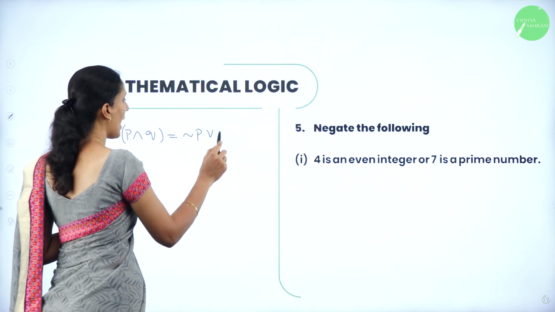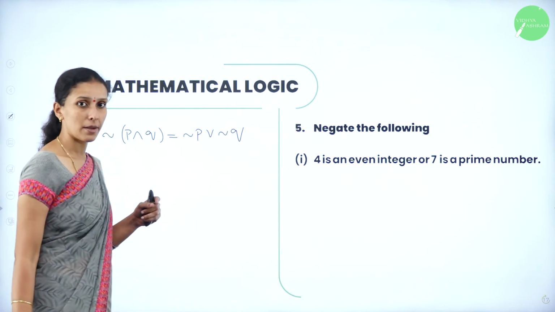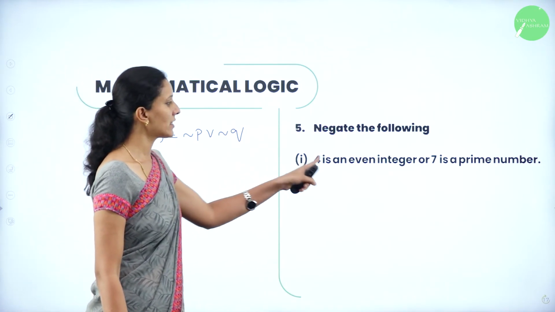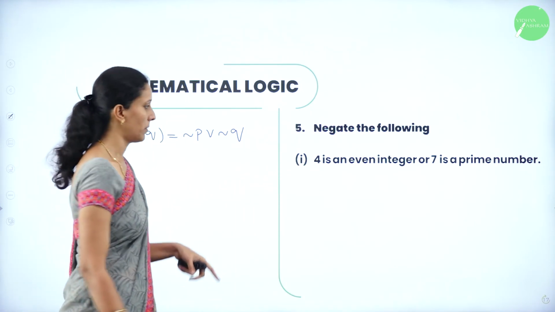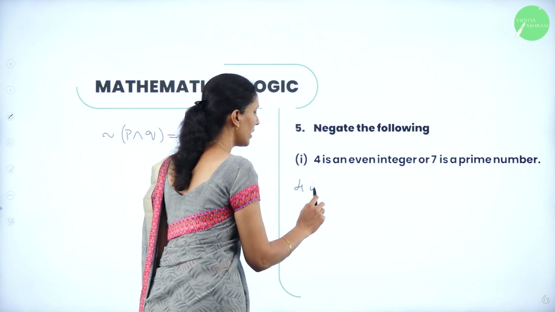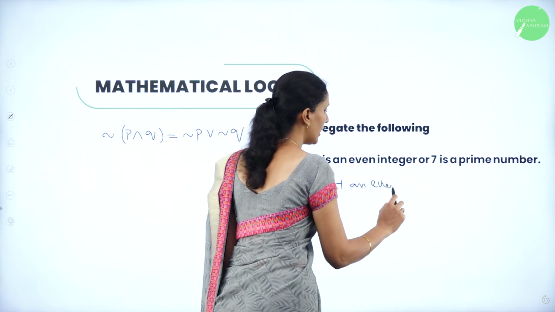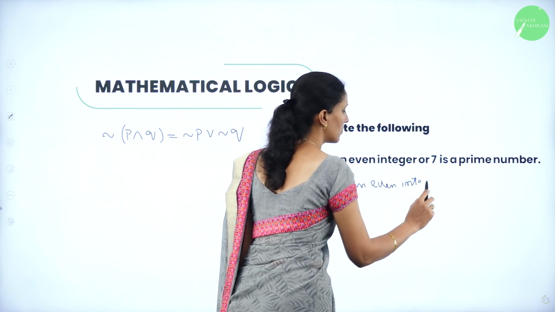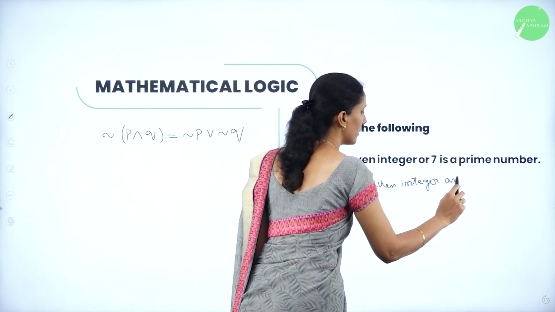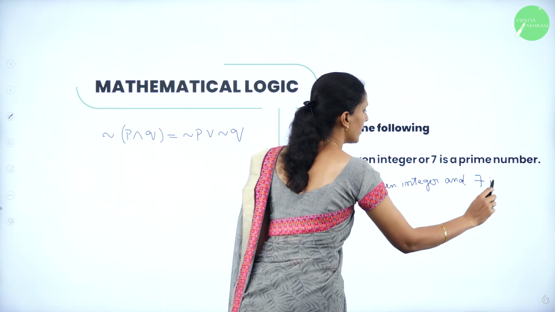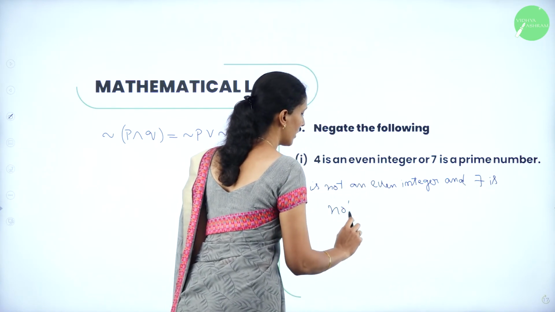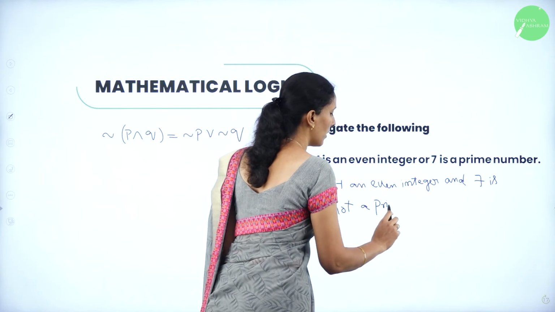Negation of P and negation of Q using De Morgan's law. So therefore, 4 is an even integer or 7 is a prime number becomes 4 is not an even integer and 7 is not a prime number.